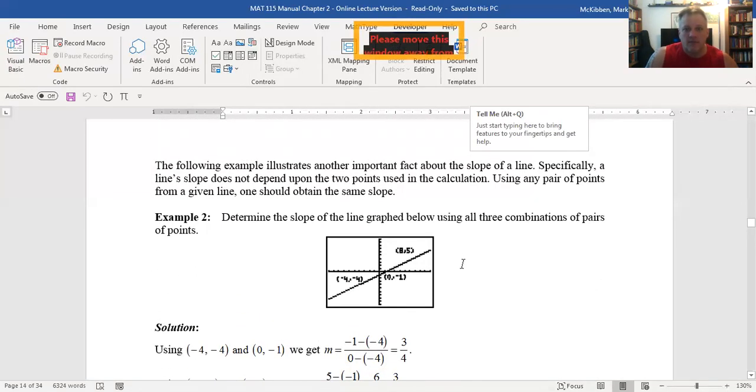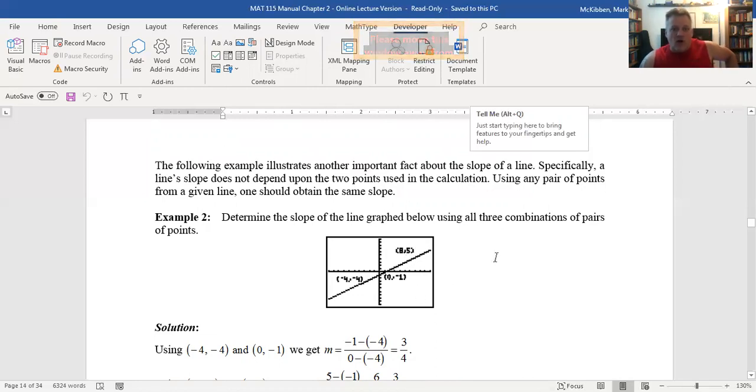All right. Now the critical thing, remember what they always tell you, is that no matter what 2 points you take on a line, if you compute the slope between those points, you get the same number back. And so in that way, a slope actually characterizes a particular line. So here we have 3 points that are labeled on the line.